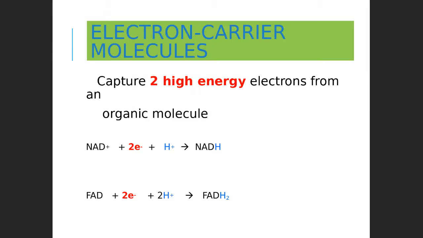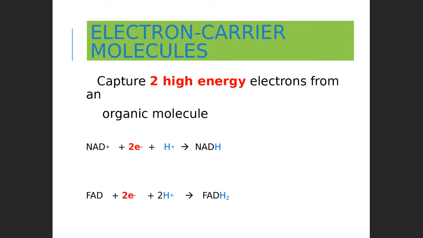So FAD and NAD plus are just carriers. They are going to carry this electronic energy coming from C6H12O6. Remember the first law of thermodynamics: energy cannot be destroyed. Any energy, we are not going to be losing it.